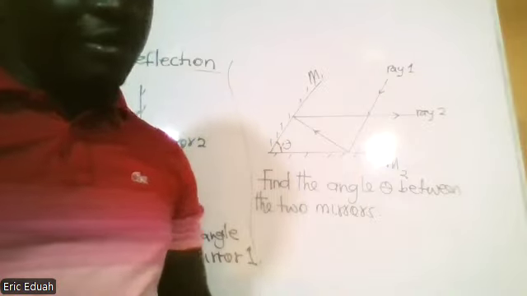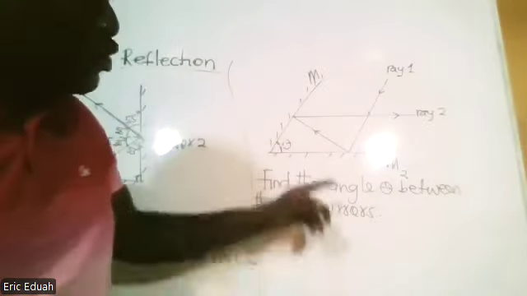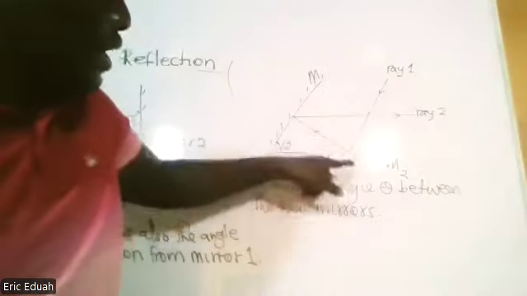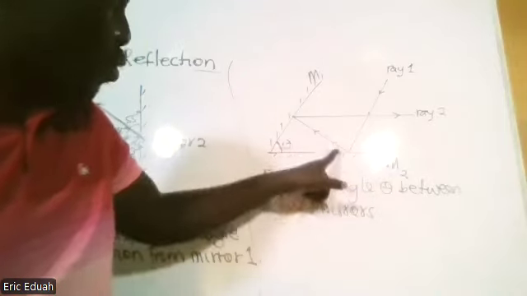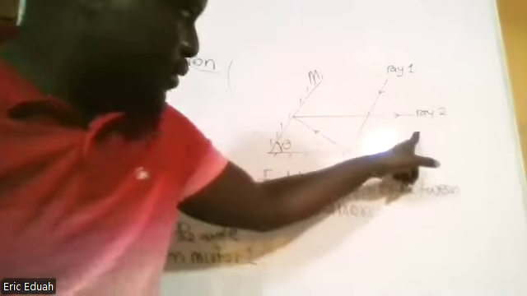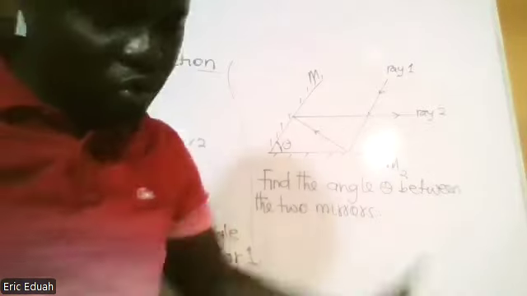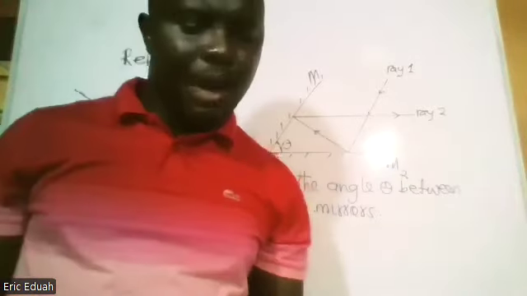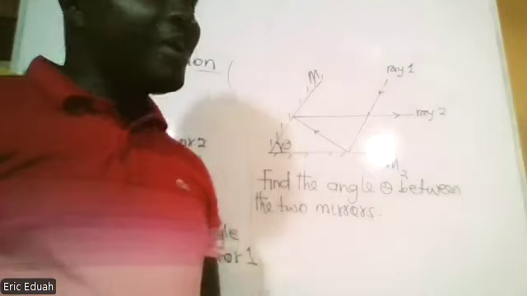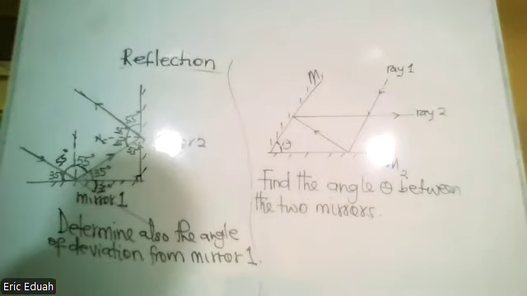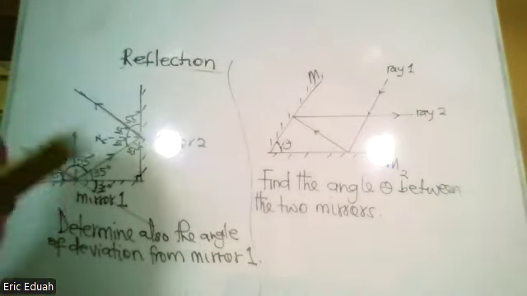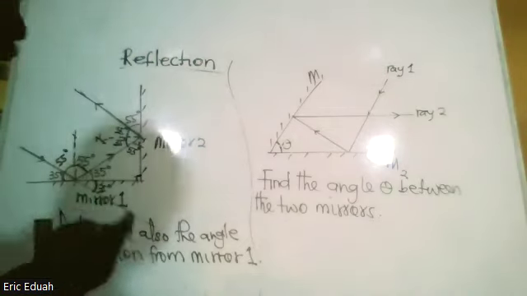And after 2 reflections, the ray 2 becomes parallel to M2. Find the angle theta. Okay. Please do not hint in solving the question.